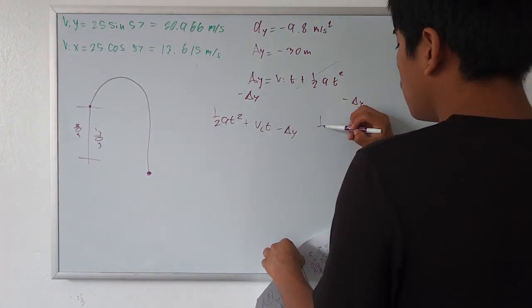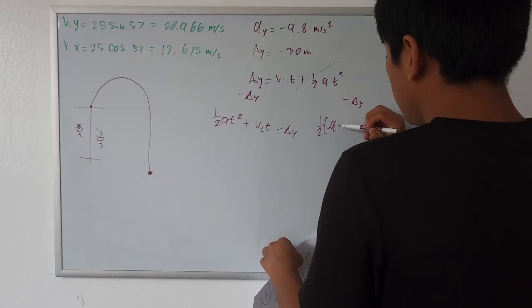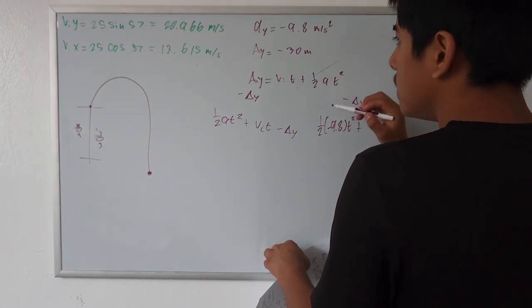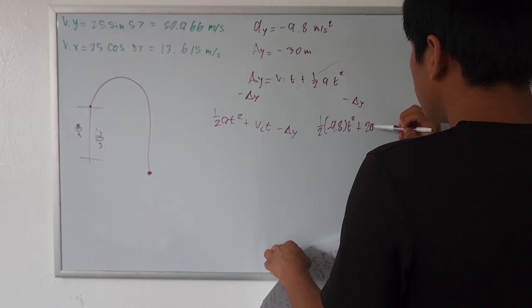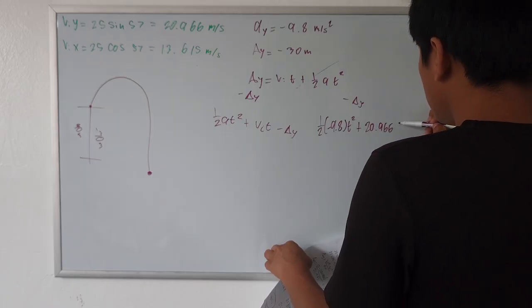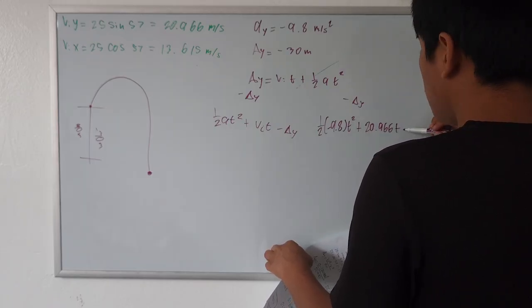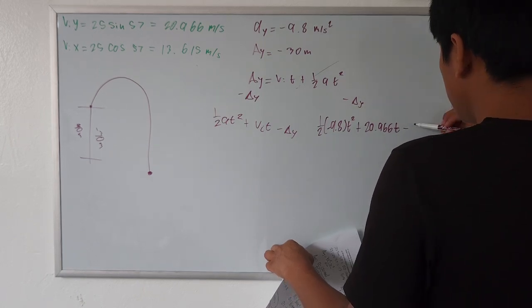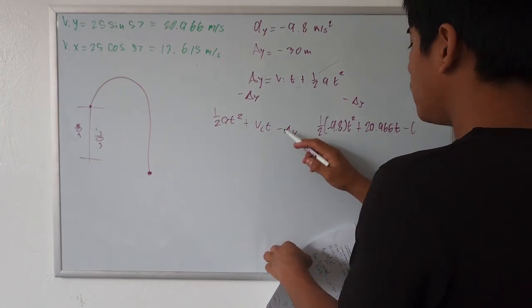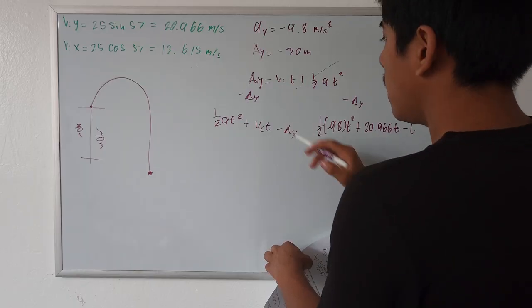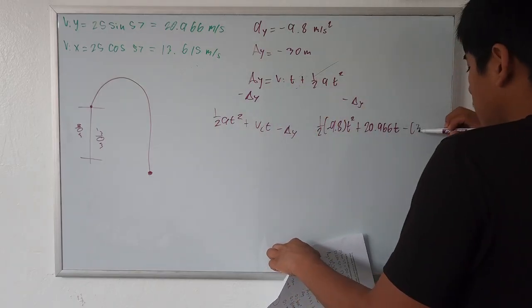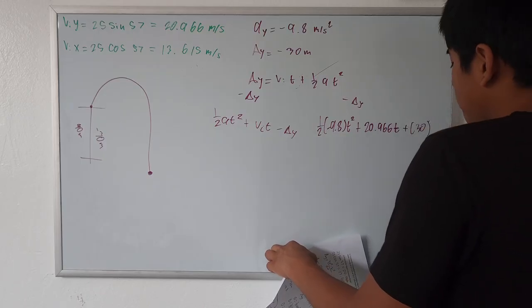It's going to be 1/2 times negative 9.8 t squared plus the initial velocity, which was 20.966 t, minus the delta y. The delta y is already negative, so two negatives make a positive, so that's going to be positive 30.